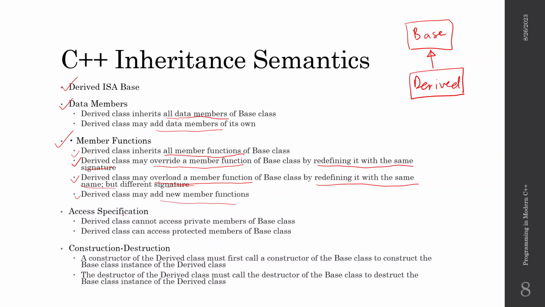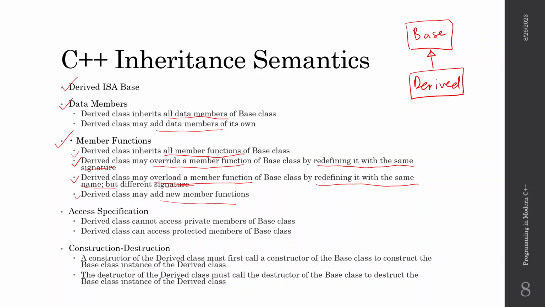Next is the access specification. Okay, so we all know that there are three access specifiers: public, private, and protected. So how does inheritance affect these access specifiers?